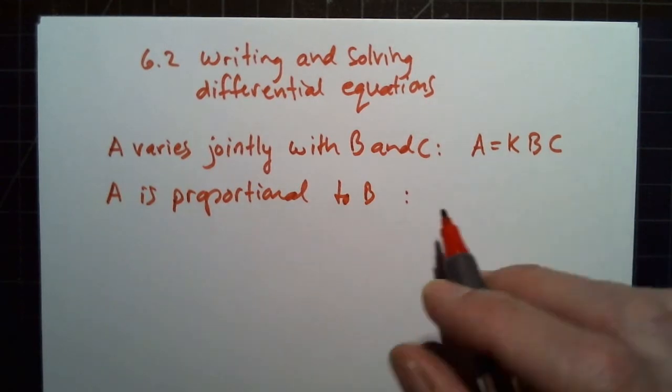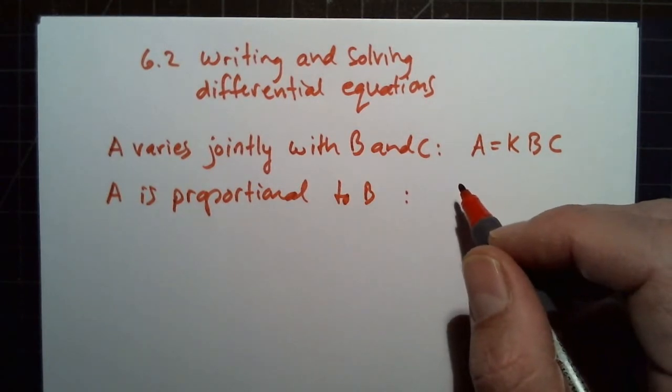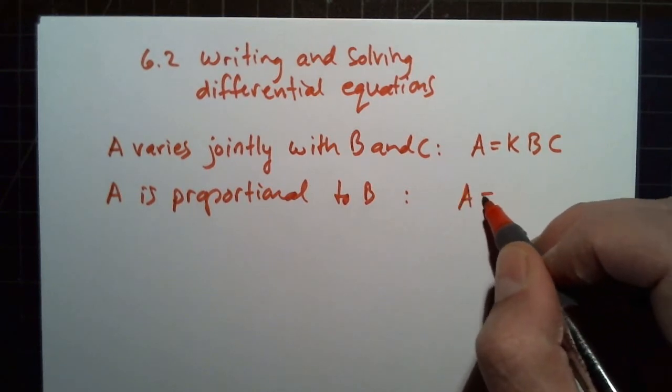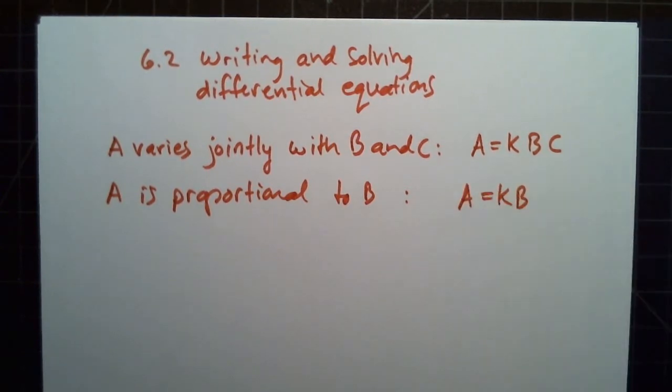A is proportional to B, or A varies proportionately to B. We have that.